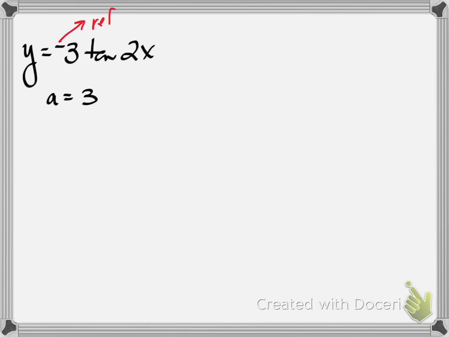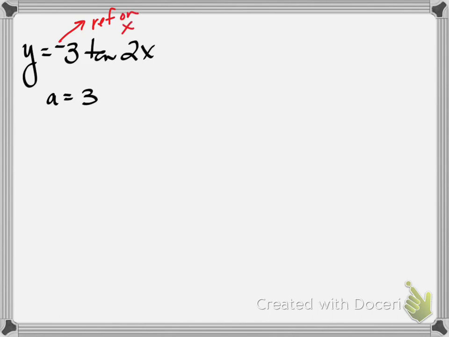All right, let's do another. Let's graph y equals negative 3 tangent 2x, and see how it works. We have an a of 3. We got a negative. With our amplitude, that's a reflection on the x still.